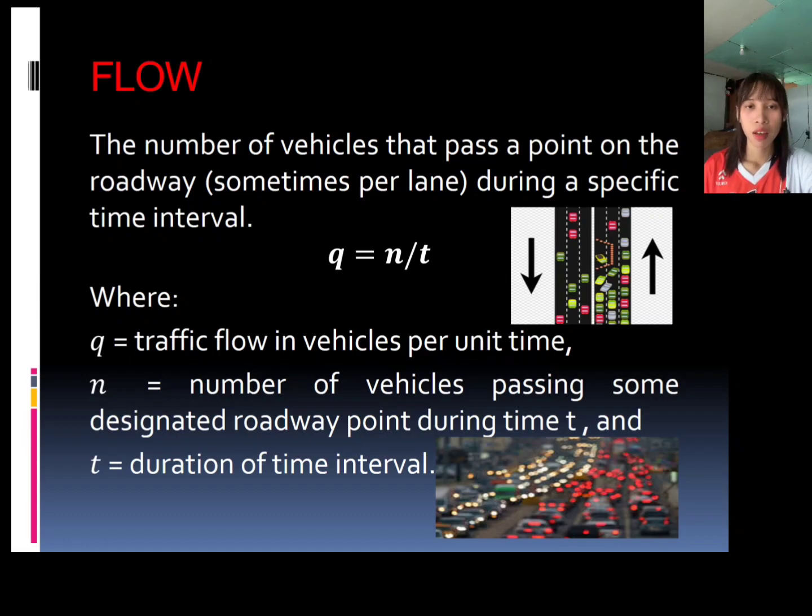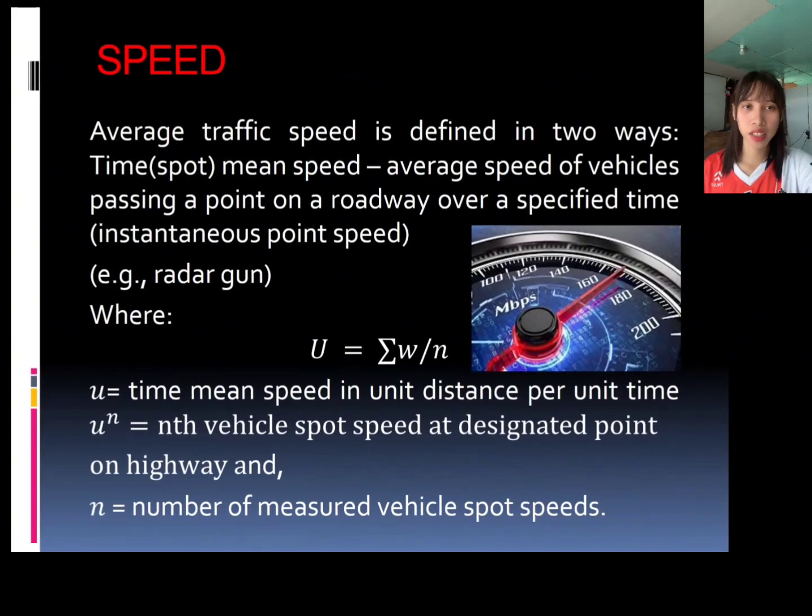Moving on, speed. The average traffic speed is defined in two ways: the time mean speed, or the average speed of vehicles passing a point on a roadway over a specified time, or the instantaneous point speed, for example from a radar gun, in which U equals the summation of U sub n divided by n.